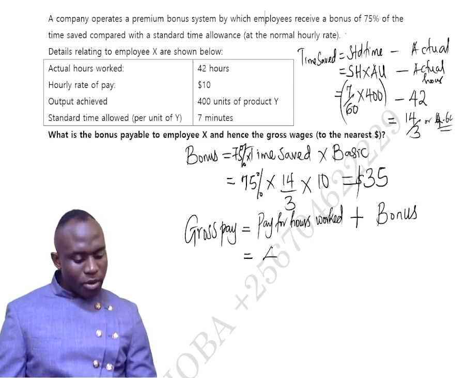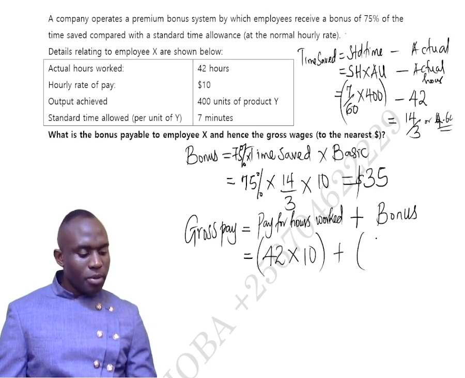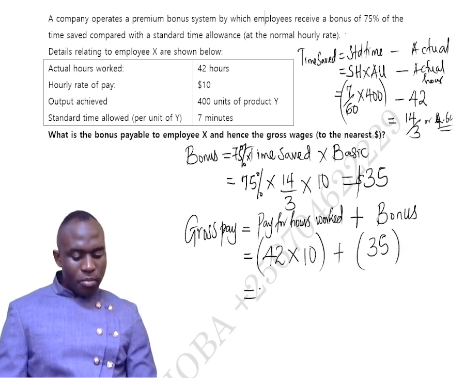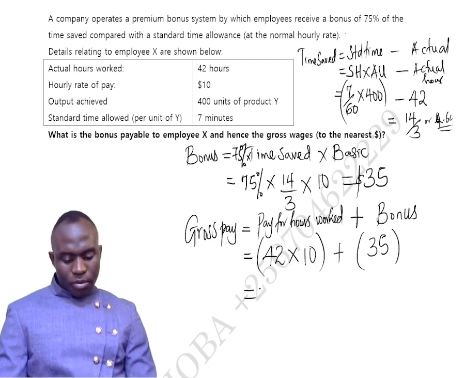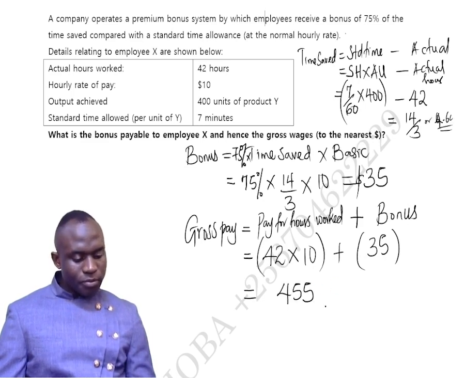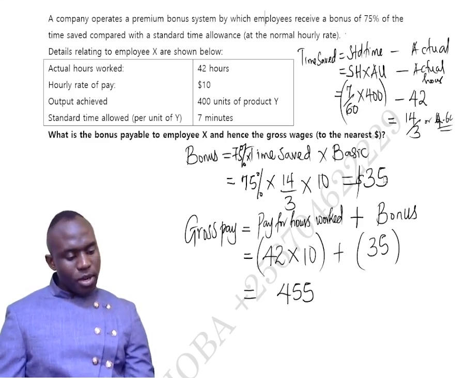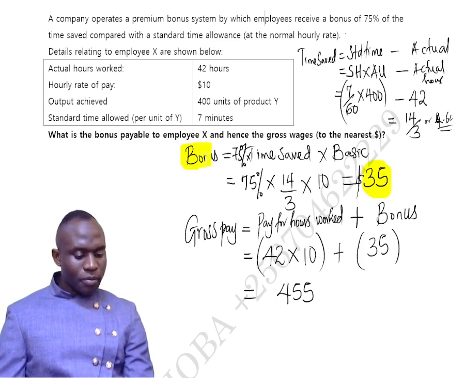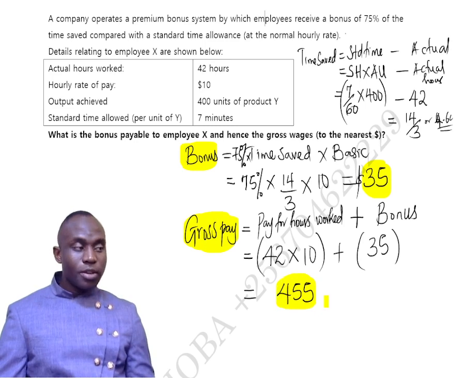So the guy actually worked for 42 hours, but each hour is paid at $10. Then we need to add on the bonus payment, which is 35. So our total payment would be 420 plus 35. We get $455. So these are the two answers. Bonus is 35 and the gross payment is $455.